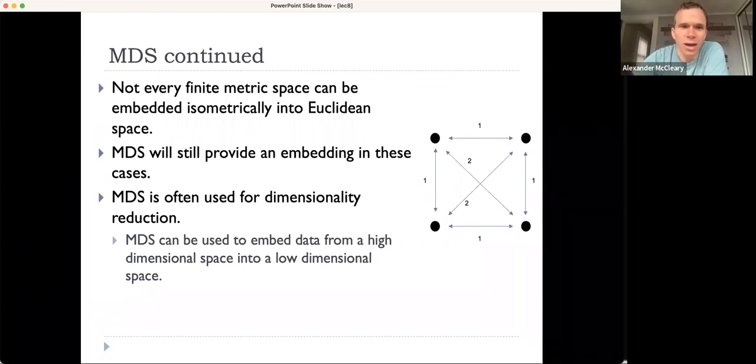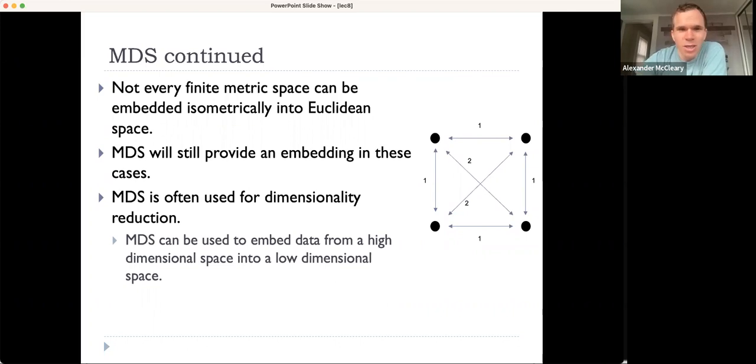And with MDS, dimensionality reduction is very useful, and it's something that persistent homology does not accomplish. Persistent homology does give us this sort of topological simplification, which is very useful, but it doesn't reduce the dimensionality at all, right? If you have a 9-dimensional hole in your data set, the persistent homology will show you that there's a 9-dimensional hole in there.